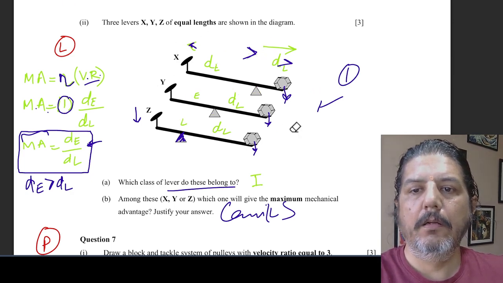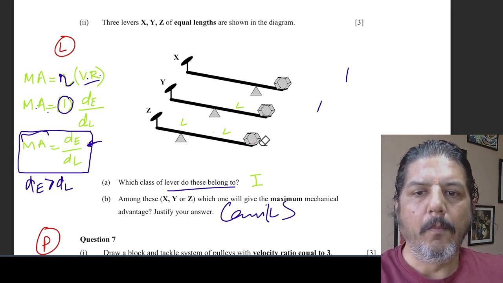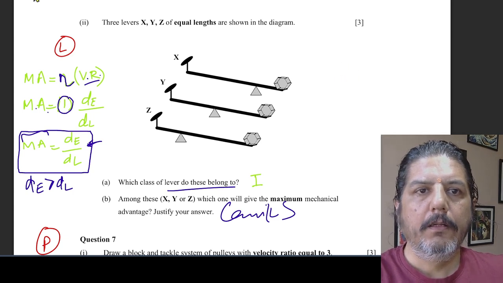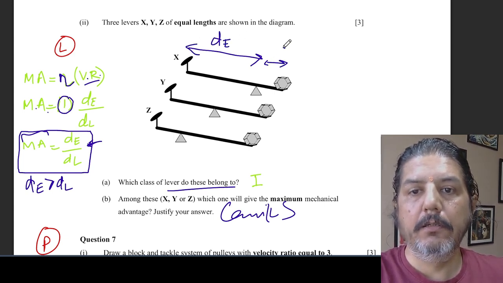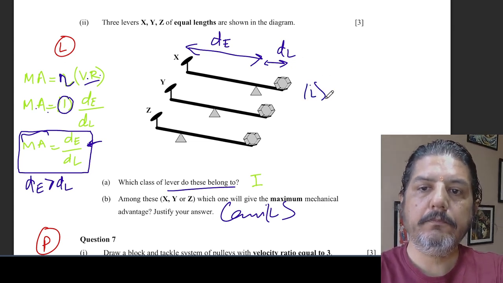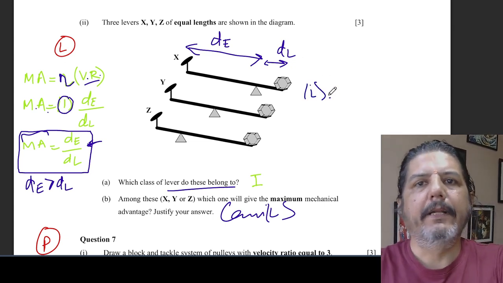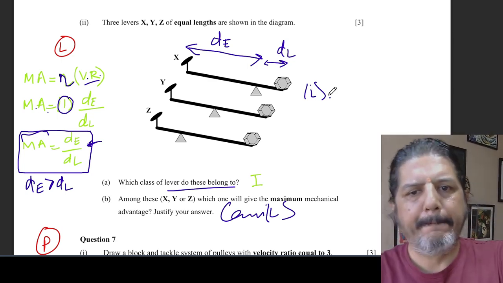I'll erase so that you can see it properly. It is pretty obvious that here the dE would be much larger than the dL. So in case 1, the mechanical advantage would be maximum.